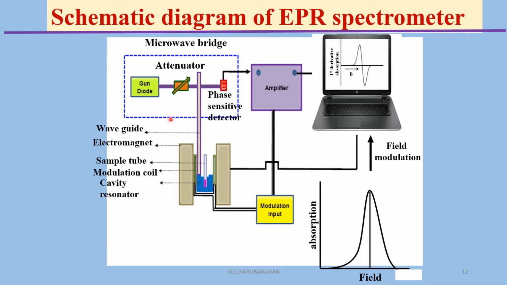For example, it is 9.8 gigahertz. A Gunn diode is used to generate the monochromatic microwave radiation. It uses a phase sensitive detector to convert the absorption signal into a derivative signal.